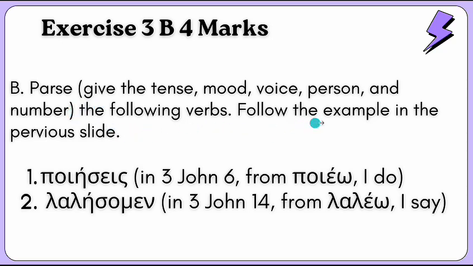And follow the example in the previous slide. Your verbs are these ones. So work through it following the example I have provided for you in the previous slide. Poieseis, lalesomen. Poieseis from poieo, lalesomen from laleo.